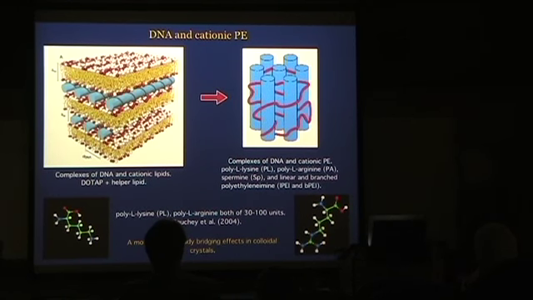I'm not sure what the status of this field is now. I think some of these highly positively charged polymers are toxic. And positively charged lipids, of course, are also toxic. So, yeah, they cure something, but it's toxic.